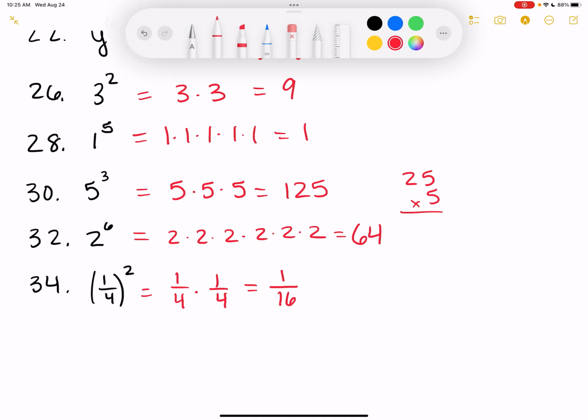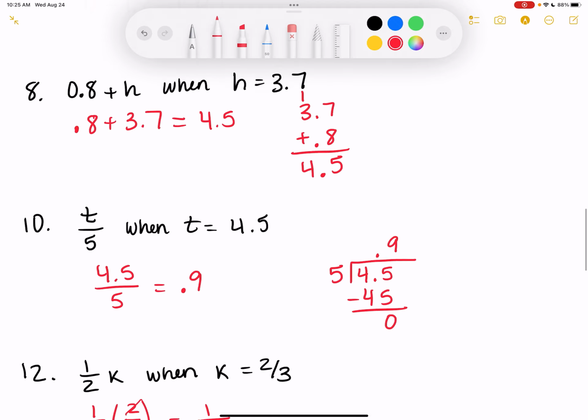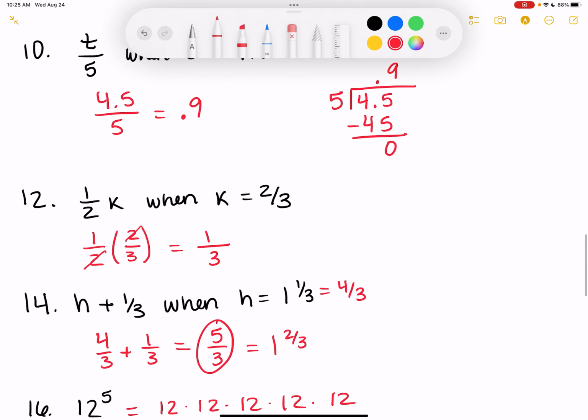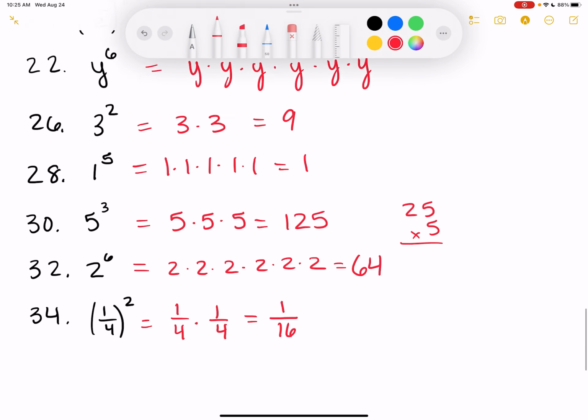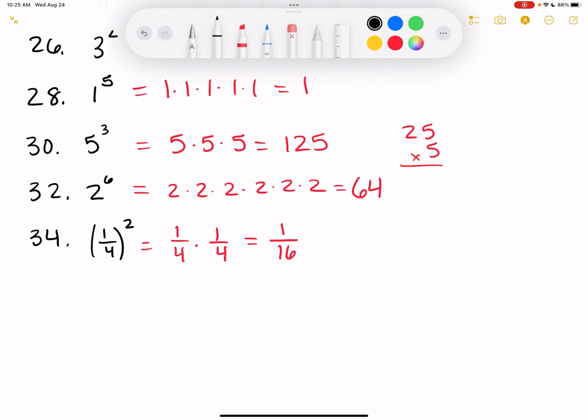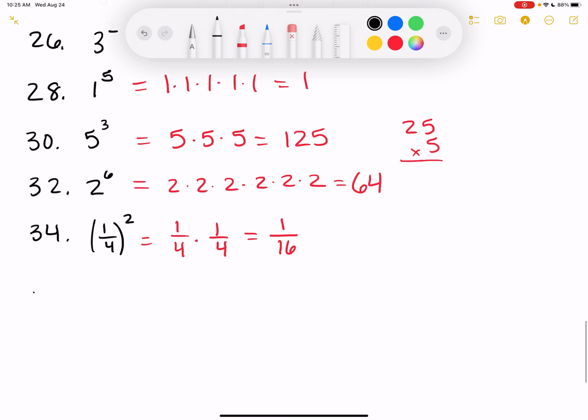Okay. So this last little section here says to evaluate the expression. So it's kind of a combination of this first set of problems that we did where you were plugging the number in and this stuff. So you're plugging the number into something that has a power on it, is basically what's happening. So 38, we have x squared when x equals 3/4.